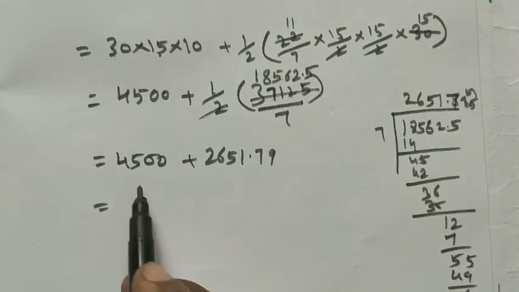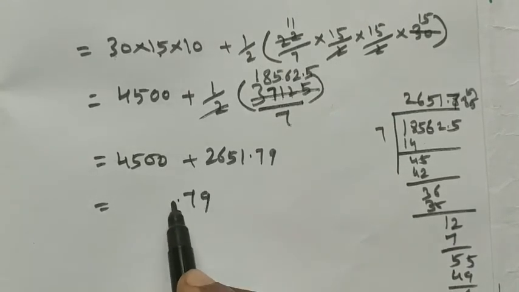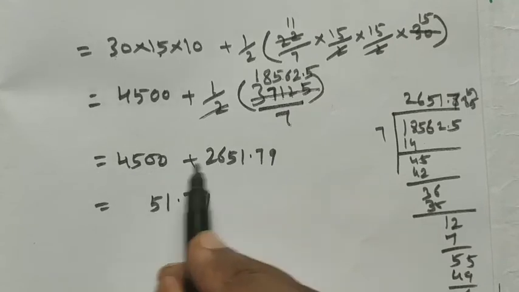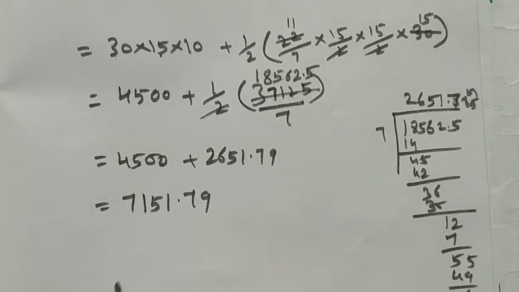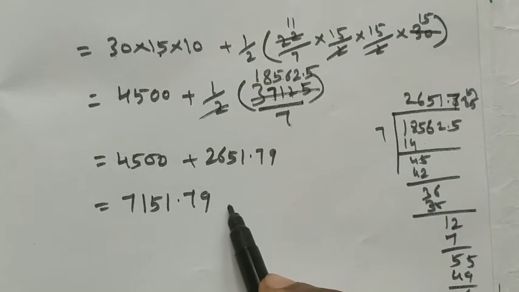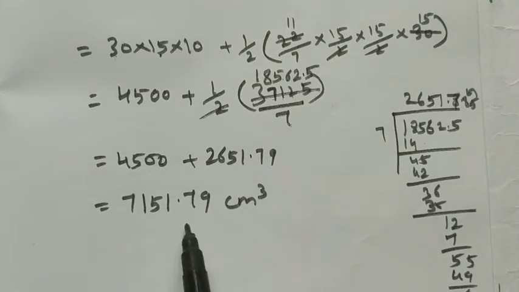Sum of this term, we get 4500 plus 2651.79, so the volume is 7151.79. So centimeter cube is the unit of volume.